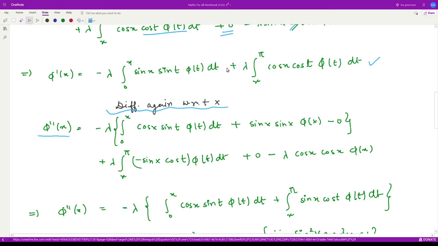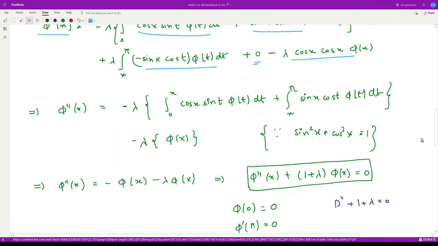So we get this term and this term. The last term is 0 because the lower limit is 0, and the second term is 0 because the upper limit is constant. There is no problem, you can do it using the same Leibniz rule.